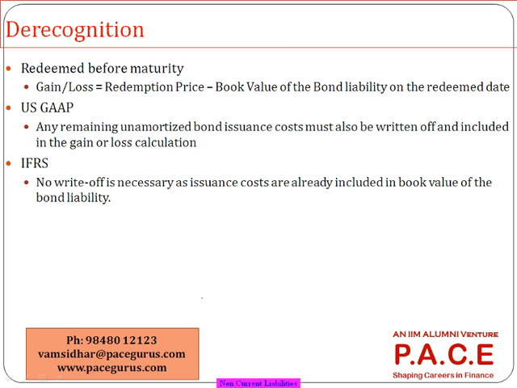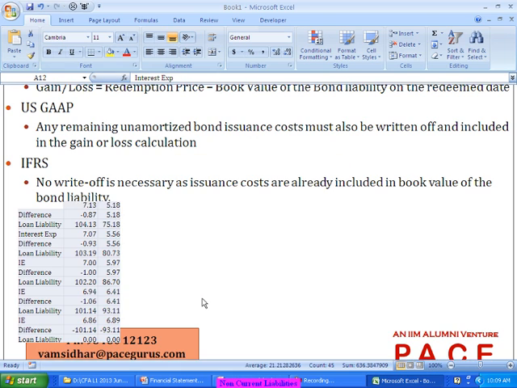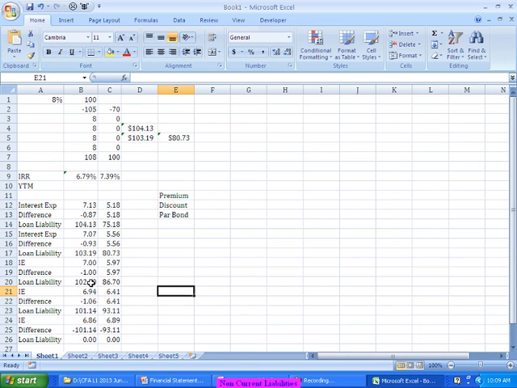There may be some provisions associated with those things, which we will discuss later. But assume that the company is buying back the bond after 2 years. It doesn't want to continue paying the interest and the principal for 5 years. It wants to pay off the outstanding and close down the bond. So let's say after 2 years, the company wants to close out the bond.